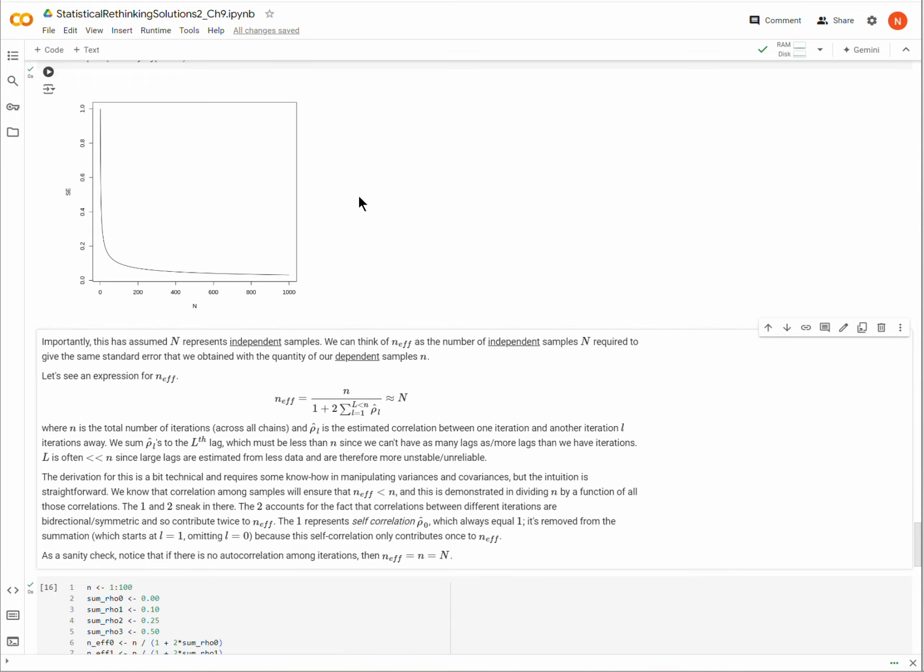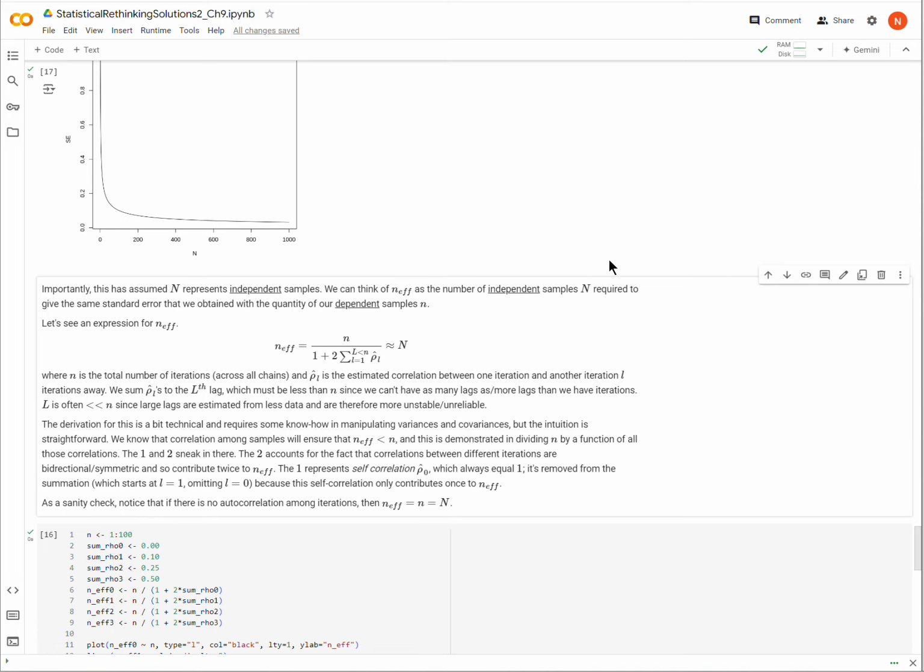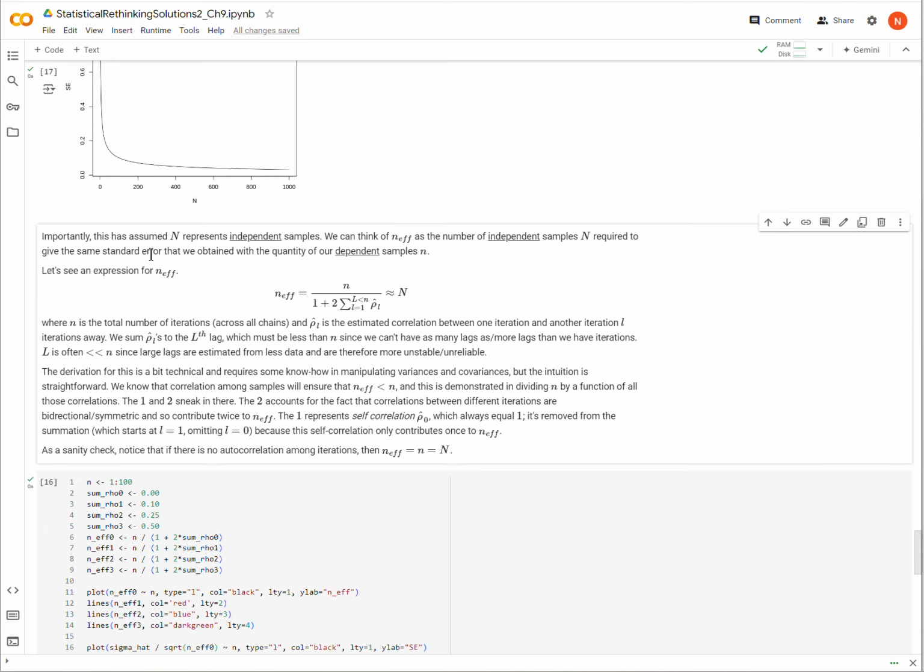Okay, so I want to show an expression for the number of effective samples, and this is it. Again, notice that the number of effective samples is an approximation of independent samples. The derivation of this is kind of technical.